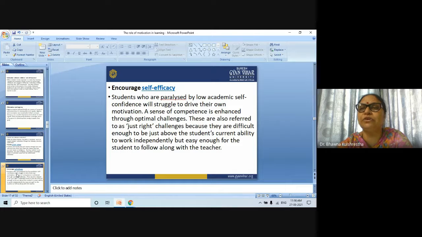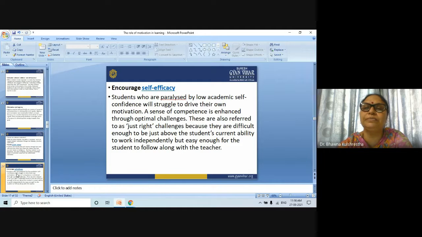A sense of competence is enhanced through optimal challenges. These are also referred to as just-right challenges because they are difficult enough to be just above the student's current ability to work independently, but easy enough for the student to follow along with the teacher.